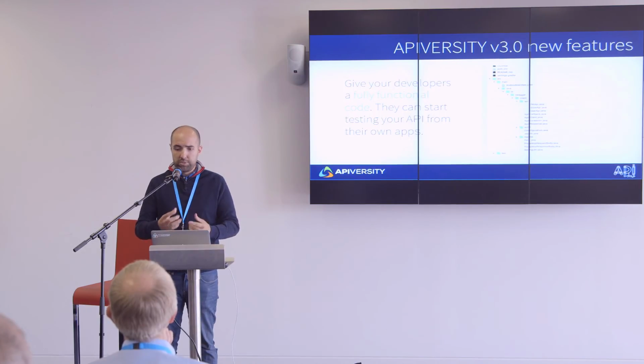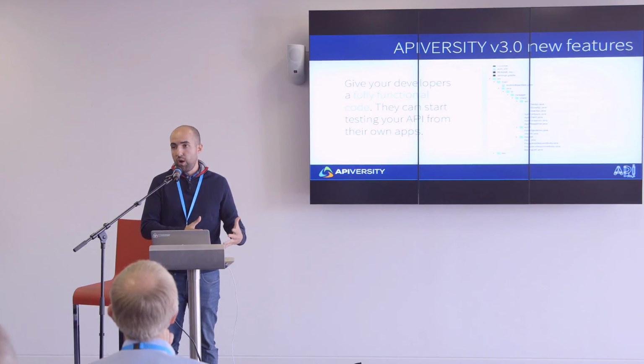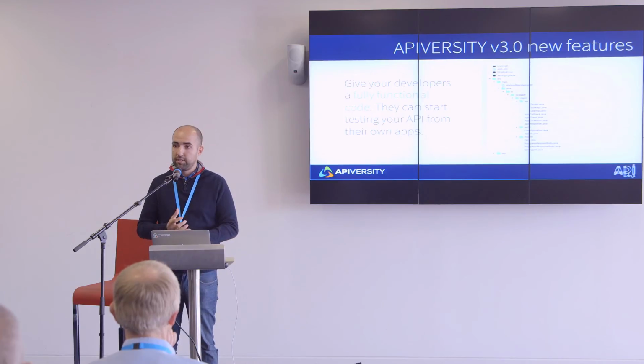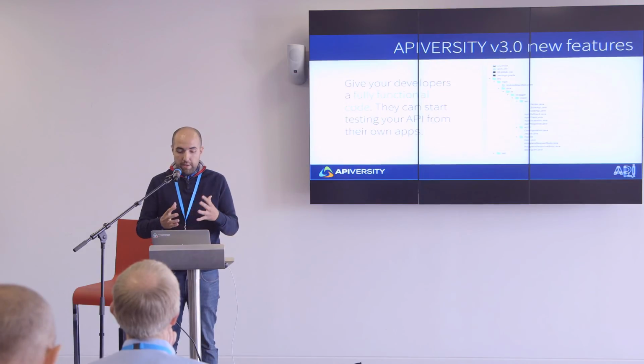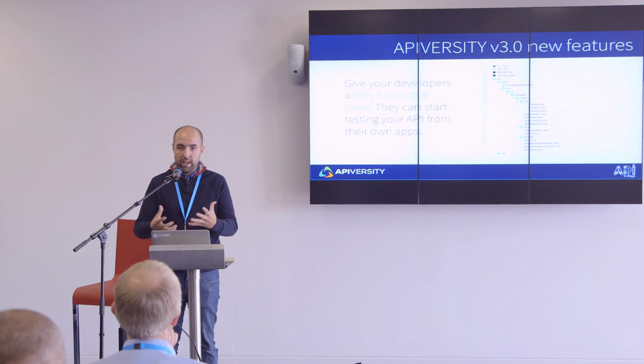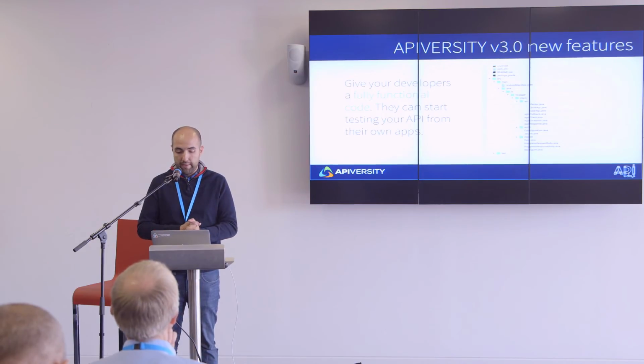It creates all the objects, and the better your Swagger definition is, the better this SDK generation will be. So it's pretty new, and for the developers, they can finish that last step of development that sometimes is pretty hard, just creating a hello world application and making calls to the API.